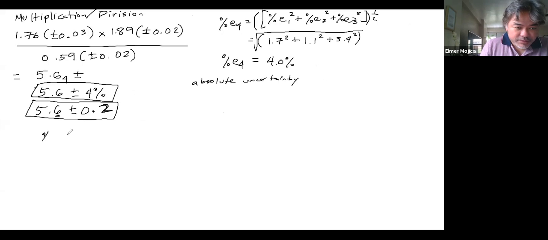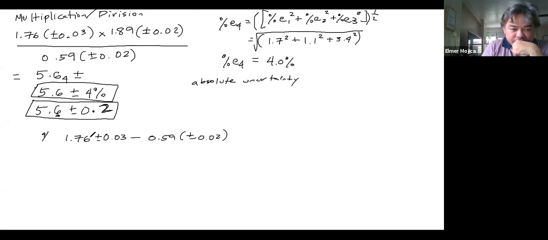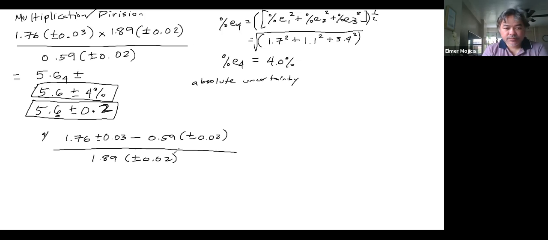So I would have 1.76 plus or minus, maybe I'm going to use the same thing as this one, but I'm going to use 59 here. So plus minus 0.02. And then I'm going to divide it by 1.89. So how am I going to solve this one? Then you have to do it step by step.